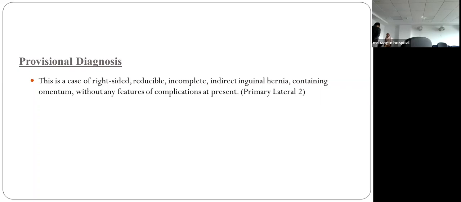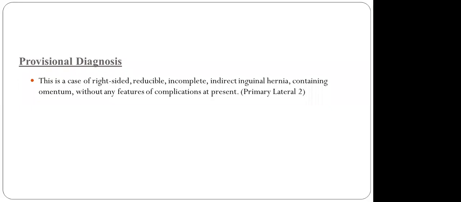Infantile type and congenital type. In the congenital type, there is a communication. In the infantile type, there is no communication with the peritoneal cavity. And another thing you should mention, if asked by the examiners, is varicocele. In varicocele also, you will not get above the swelling.